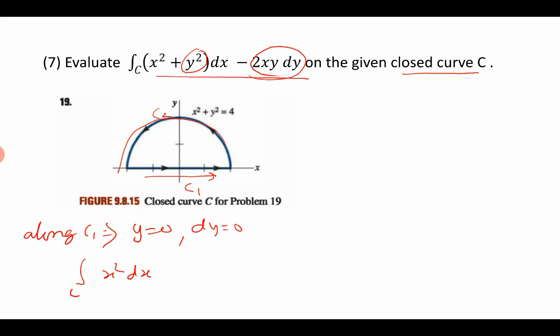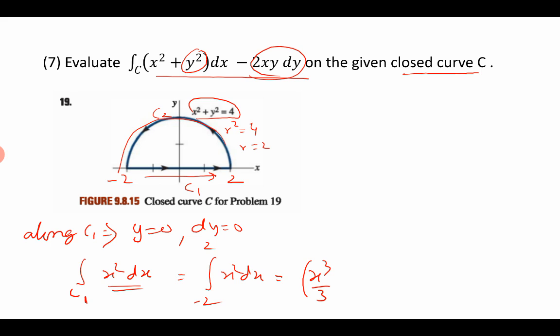The radius of the circle is 2, because r square is 4, r is 2, isn't it? So this is 2 units in x, negative 2 units here. So the limit of x will be negative 2 to 2, of x square dx. What you get here is a trivial one. Integrate x square, you will get x cube over 3 and substitute the lower and upper limits.